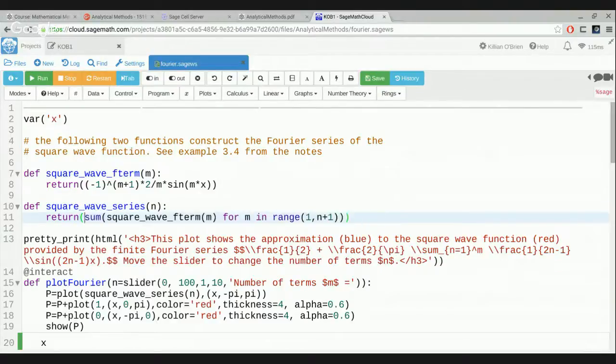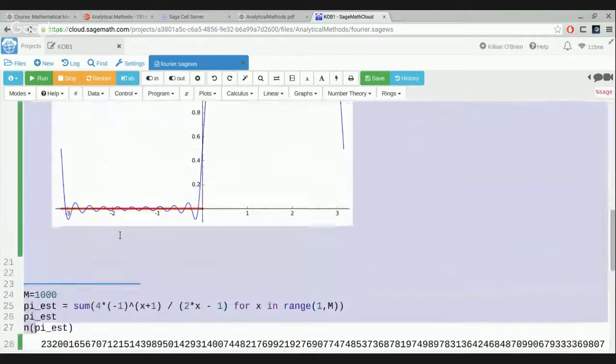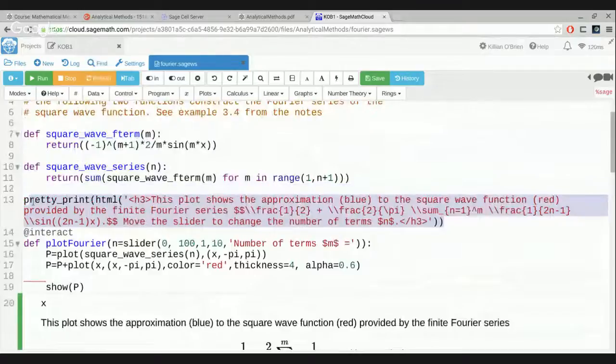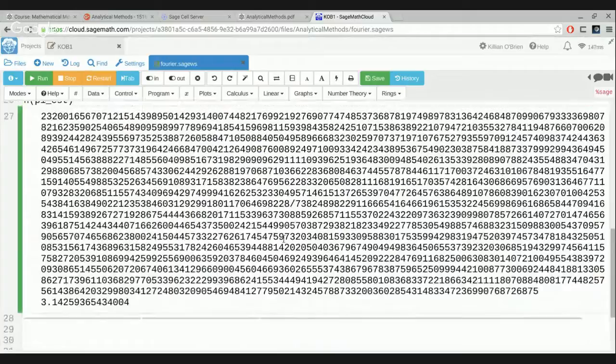And if we take out the constant term of a half, and then here plot the comparison function x from minus pi. Erase all this because that's talking about the other function. So I think I've made the necessary changes to this code.